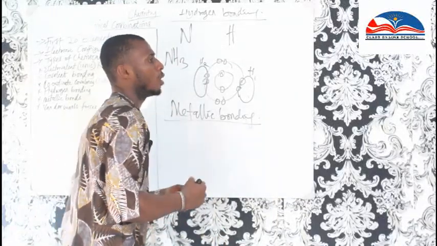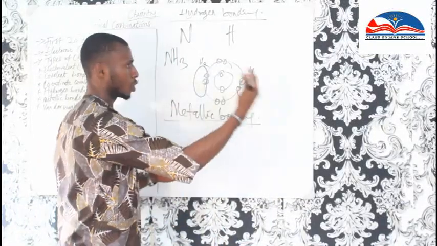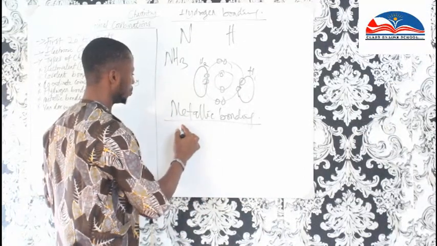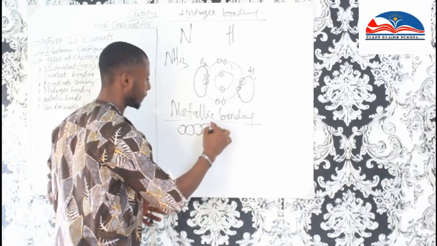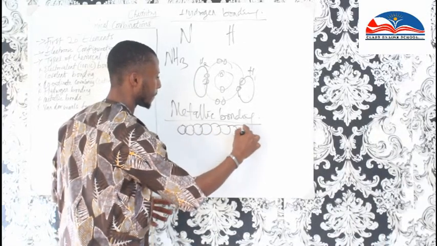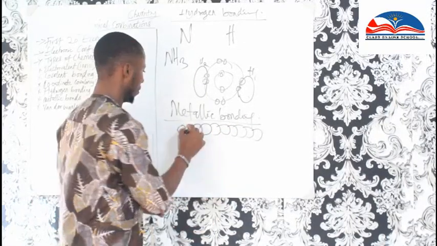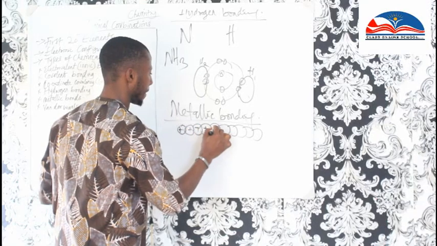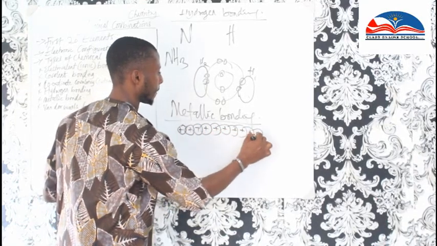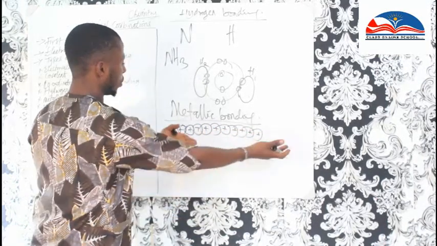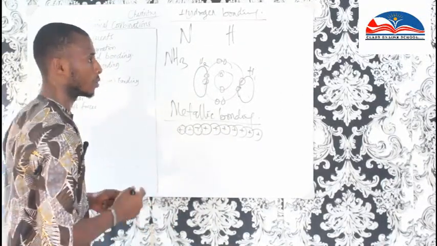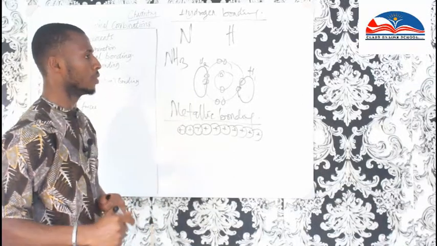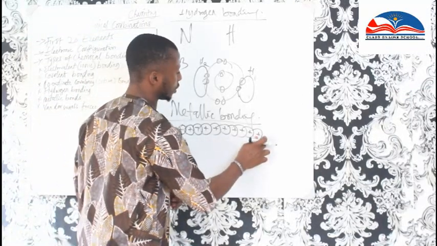Now, let me use this as a metal. This is a metal sheet, a long metal sheet. Now, all these things are positively charged.